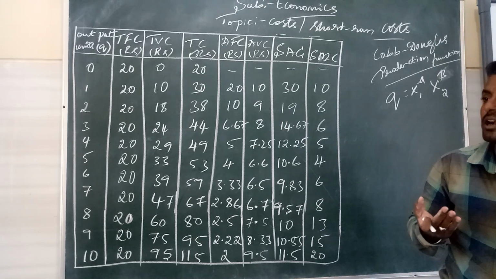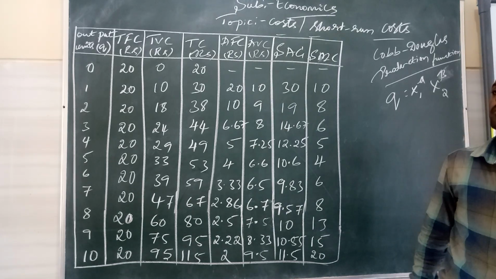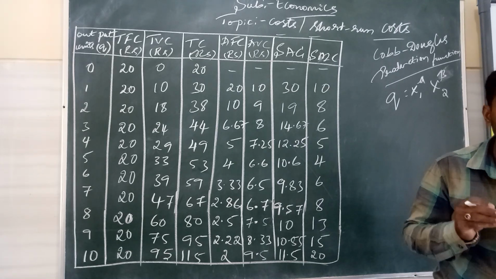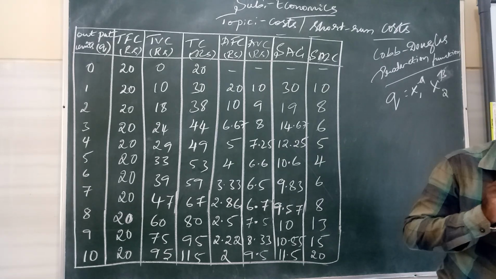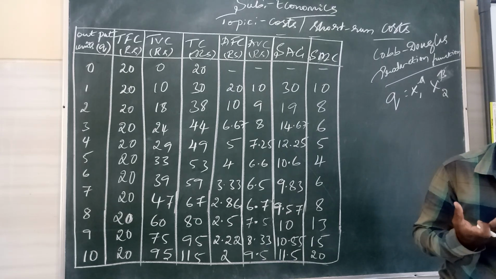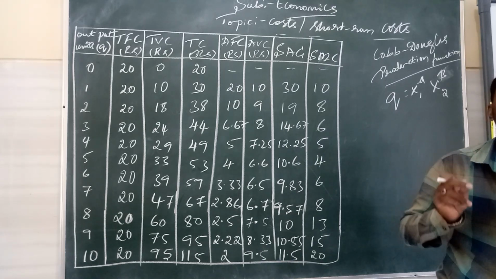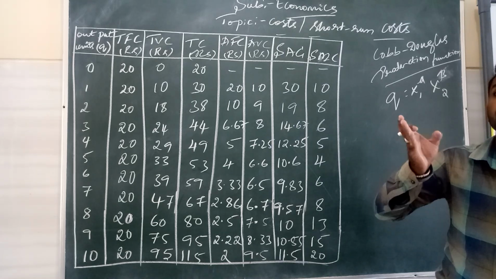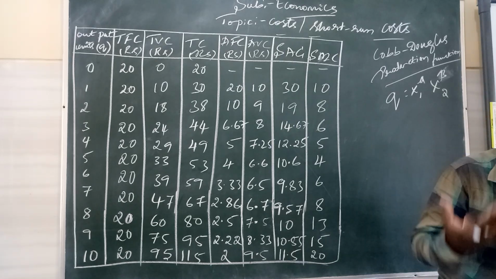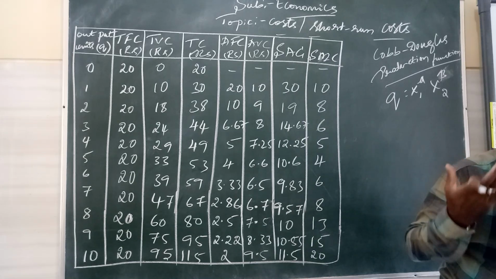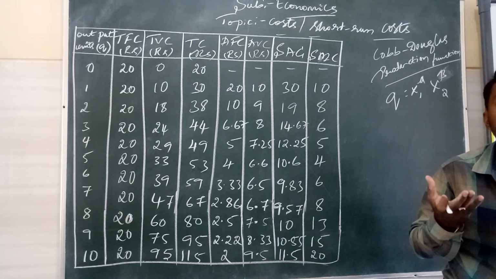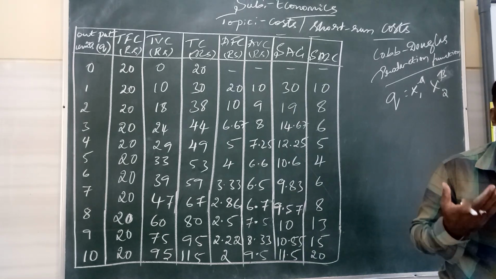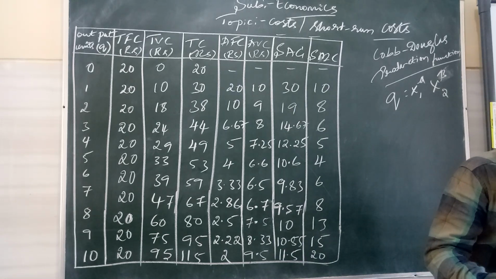In the table we discussed in the last class, Table 3.1, we saw that 50 units of output can be produced by three combinations, three ways. There are different input combinations: labor 6 and capital 3, then labor 4 and capital 4, then labor 3 and capital 6.